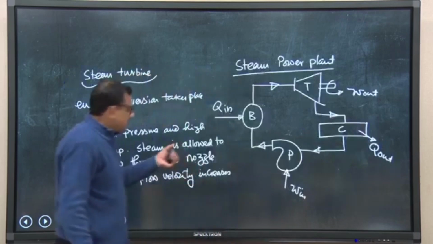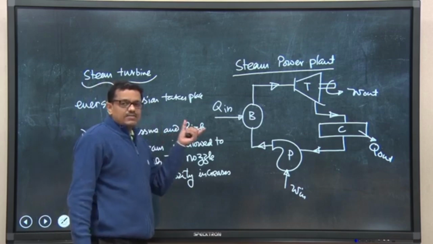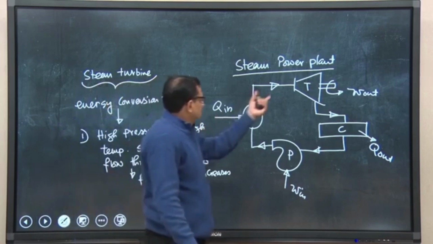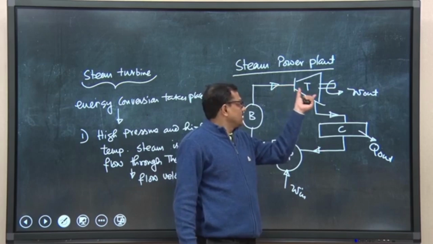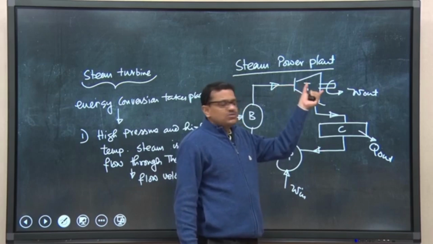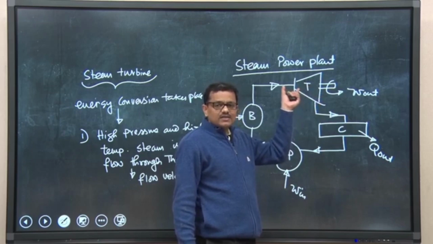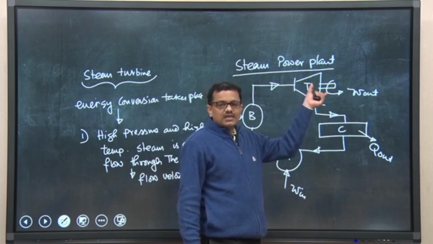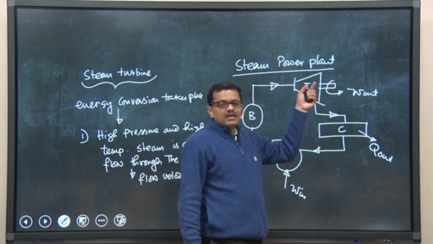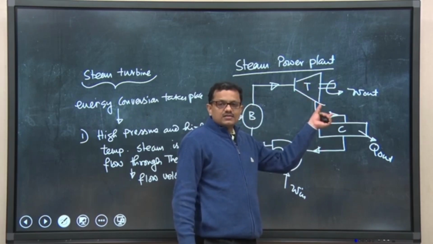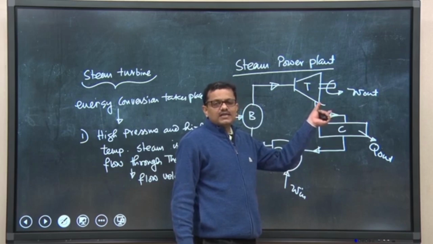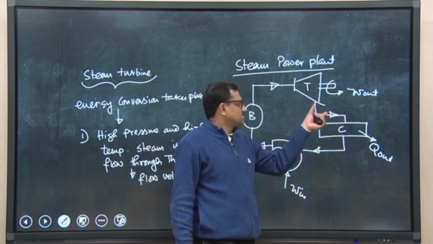So, today I just wanted to discuss how this high pressure high temperature steam goes through. When the high pressure high temperature steam is passing through the turbine, we are having energy conversion. Eventually, you are getting steam at the exit of the turbine, but the steam is having low temperature.